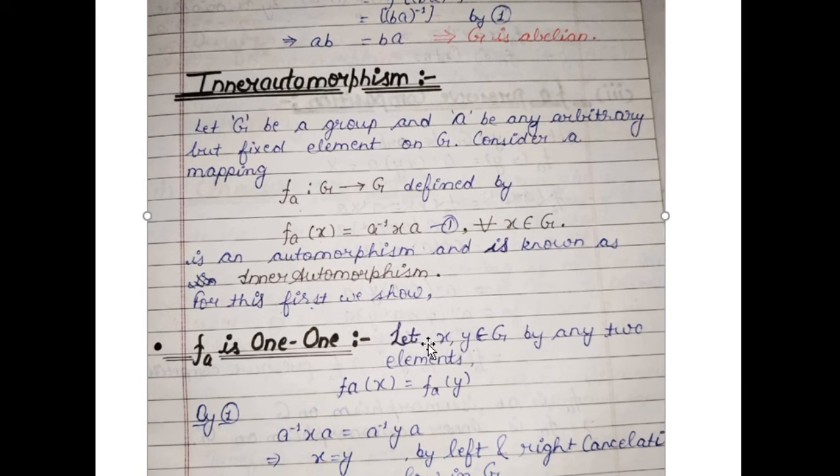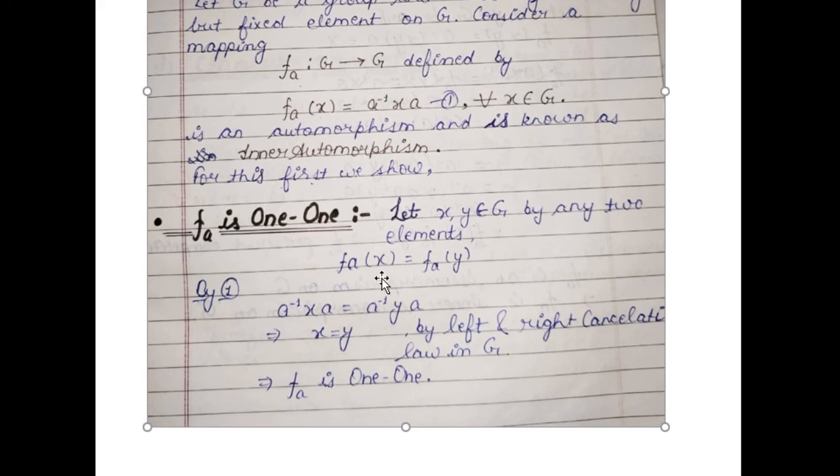For that, let x and y belong to G be any two arbitrary elements of group G. Now we take F_A(x) equal to F_A(y).